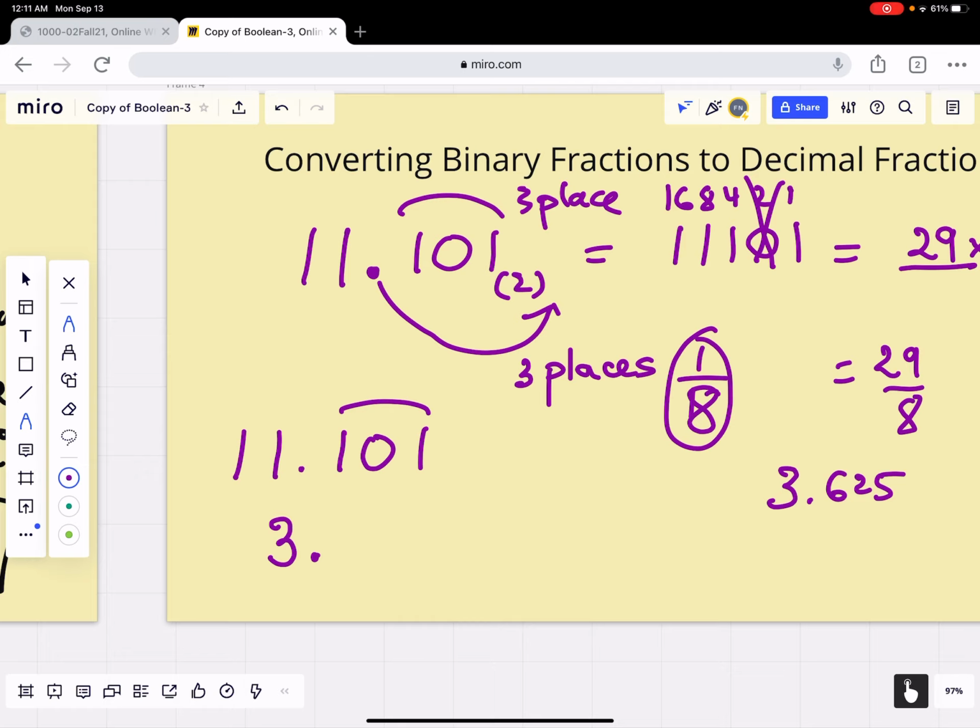So the first one is 2, second one is 4, and third one is 8. But when you multiply by 0 it equals 0, so you don't have to worry about the middle number. You say 10, so 3 and 10 over 8, because you got 3 places. Divide by 8.